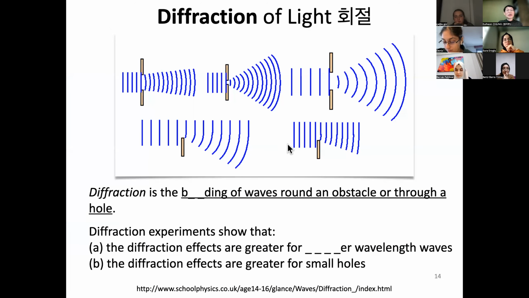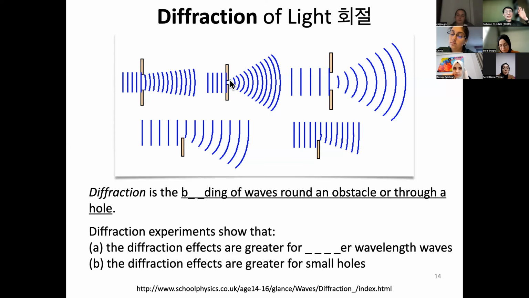But we had better understand what's going on. When I say diffraction of light or diffraction of wave, it's all about the interaction of this wave. When I put these lines, this line is actually the same phase. Let's say when the wave is there, like these wave fronts, when they interact with this, they will start to bend.